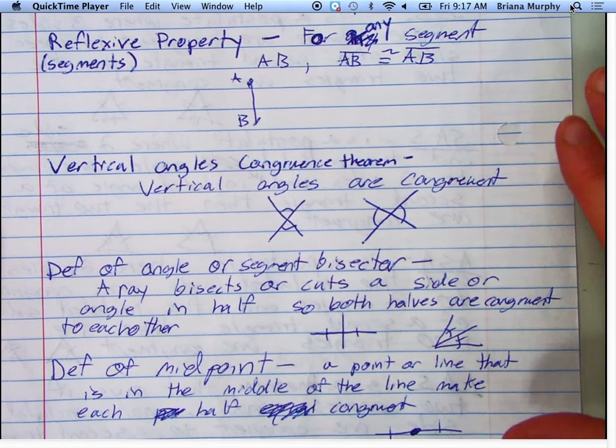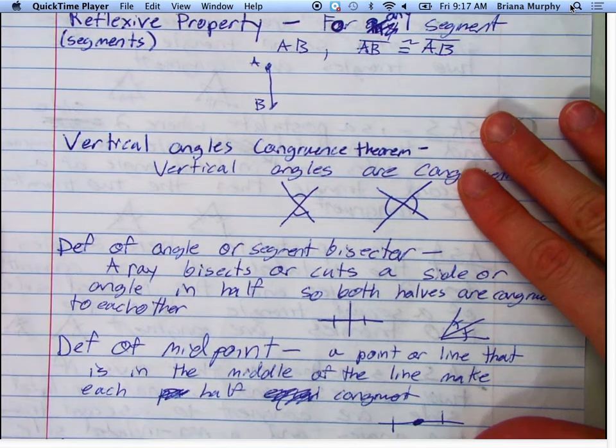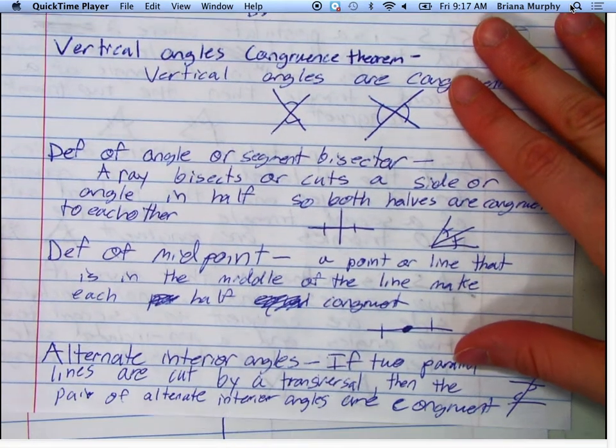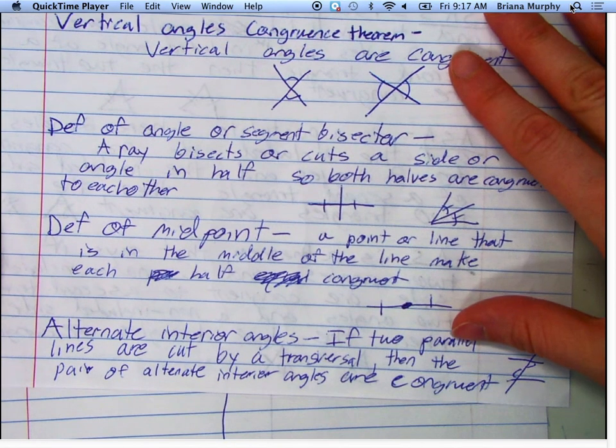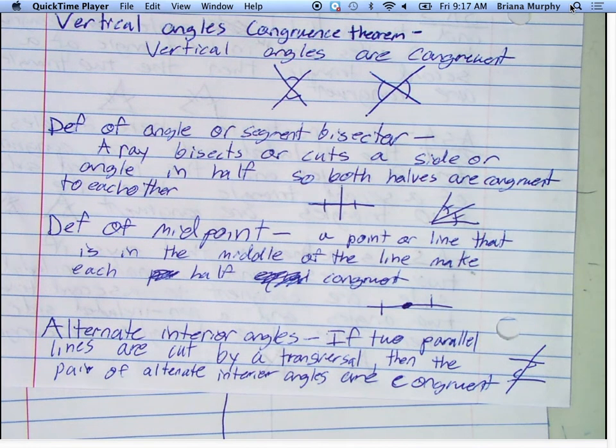I'm going to move it up so we can see definition of a midpoint. So reflexive property is going to be covered up. Definition of a midpoint, a point or line that is in the middle of the line makes each half congruent.